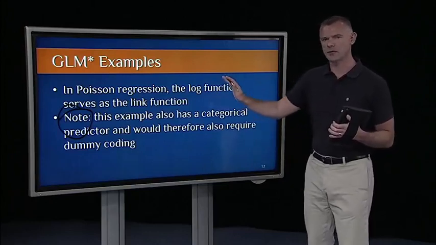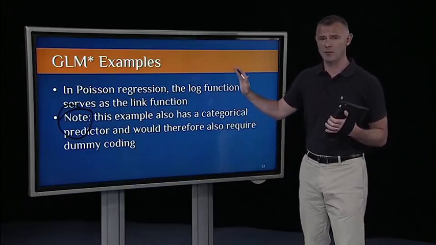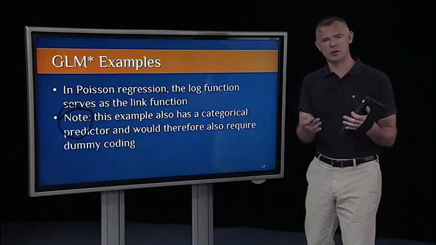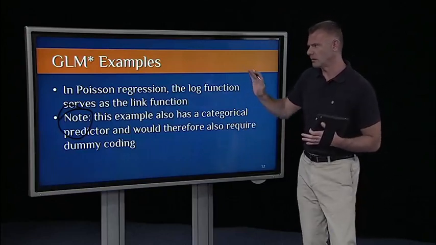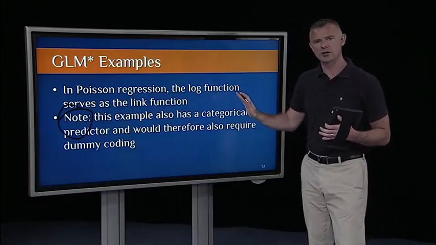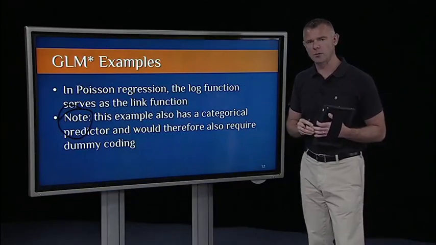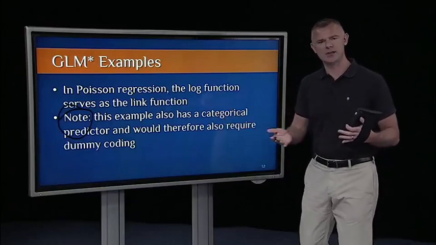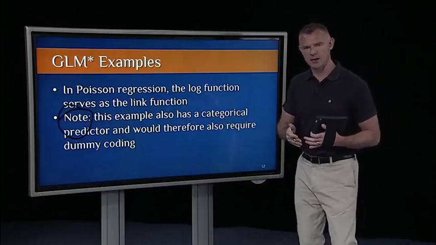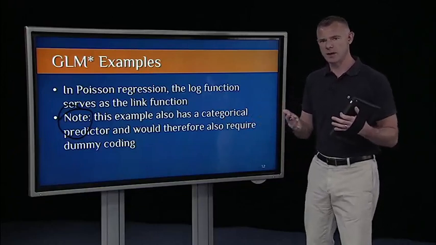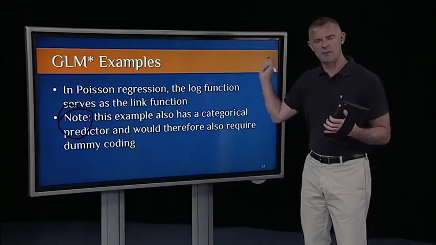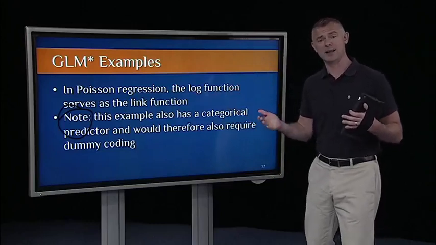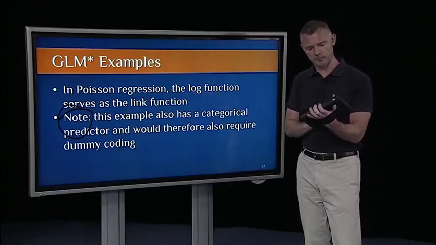They fall under this framework of the generalized linear model. All I did in this lecture was present an overview of that so you're aware of it. Here I just wanted to show you a couple of examples, the binomial logistic regression and the Poisson regression. Again, you may encounter different types of examples, but the GLM mathematical framework will allow you to test those more complex nonlinear regression models.